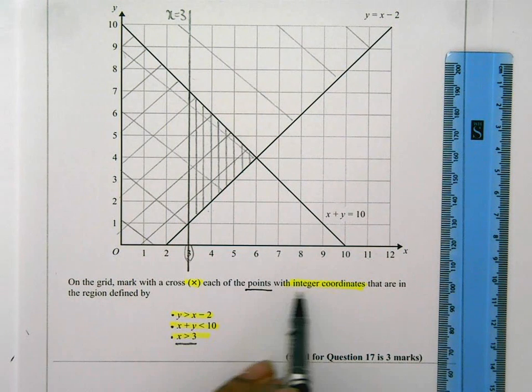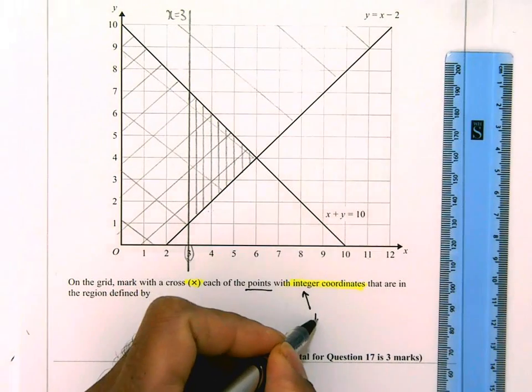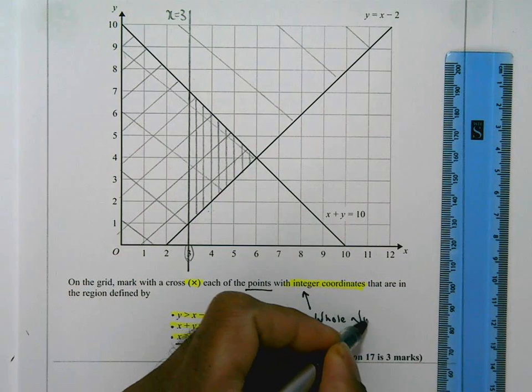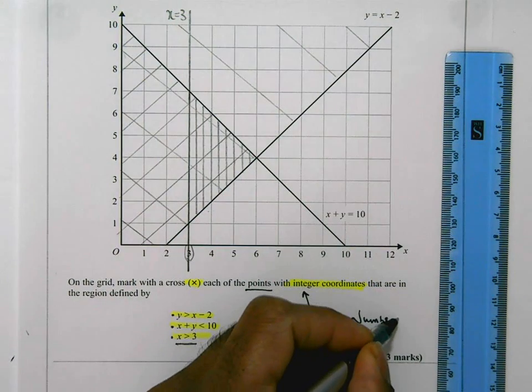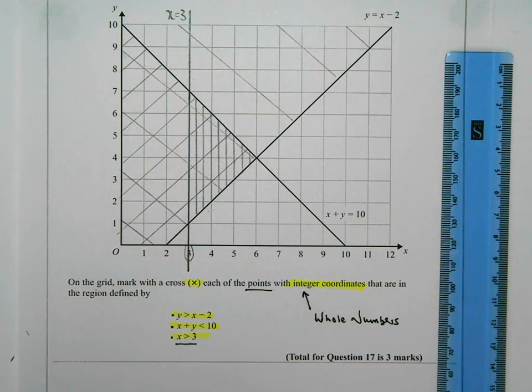Now the word integer, you should know what this means, but it means whole numbers. So it's whole number coordinates like 3, 3, or 1, 2, that are inside this region.